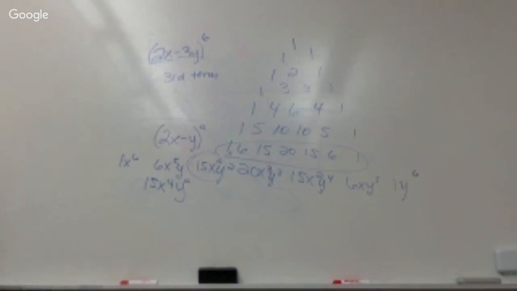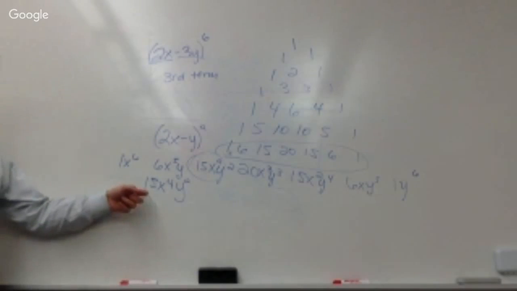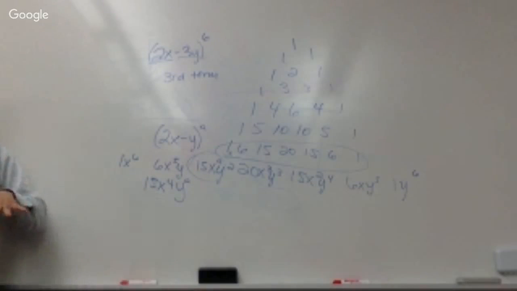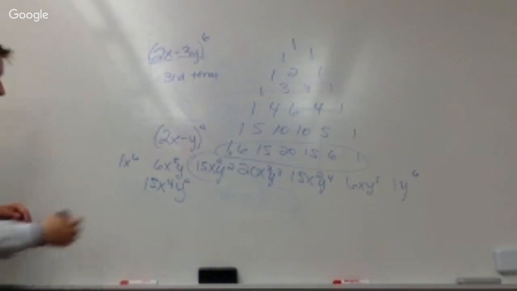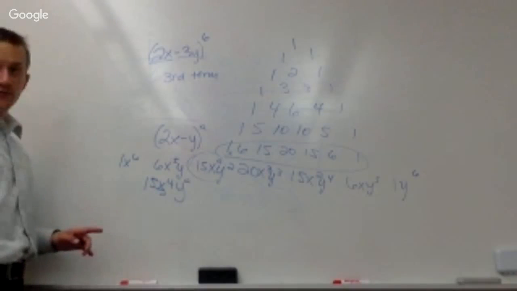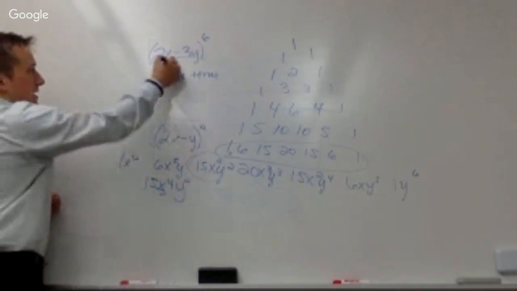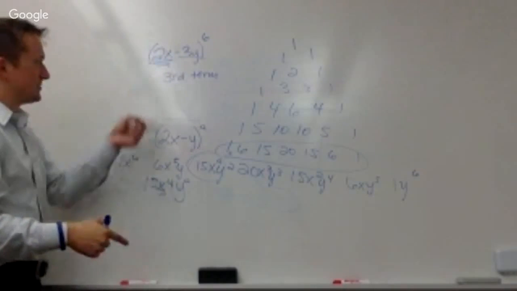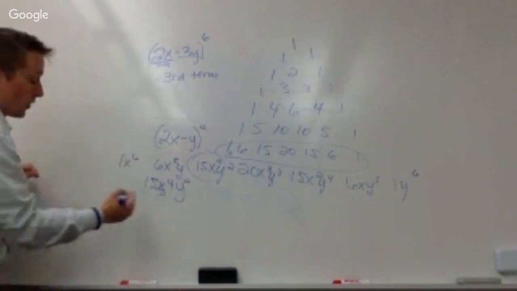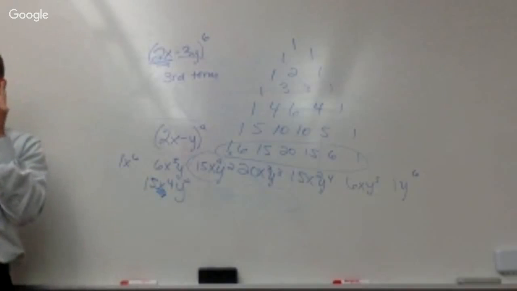Does that make sense? JT, does that make sense so far? Does it make sense how I got this number? Does everyone get that so far? That's like the hardest part. What confuses a lot of people is, what x are we using? What this represents is the first term.